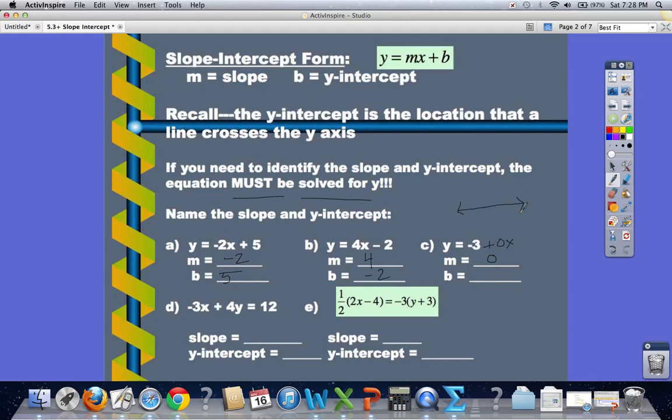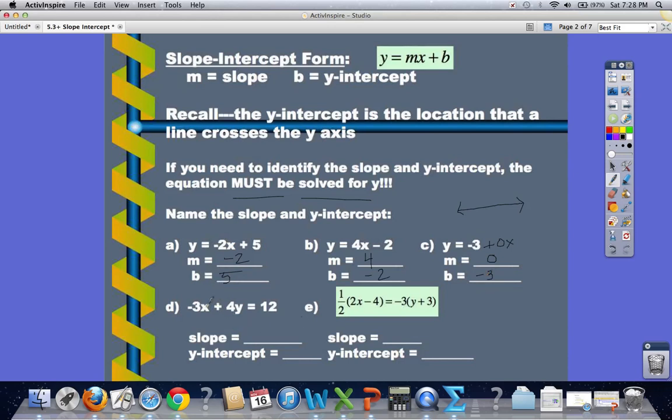Horizontal lines have 0 slopes. Now, we don't have a slope, but we have this right here. This is where it's going to cross the y-axis. So our b in this case is going to be -3. Okay?